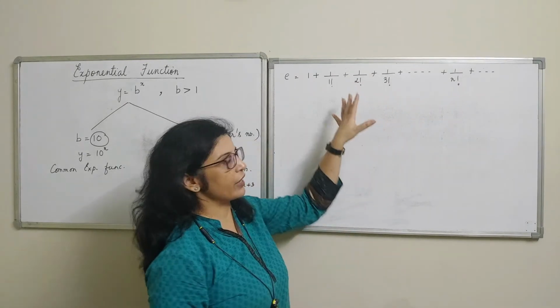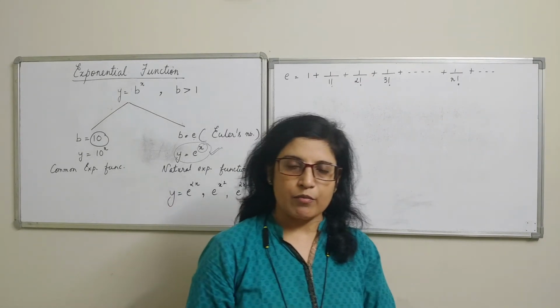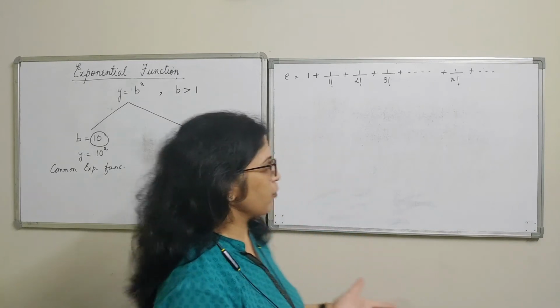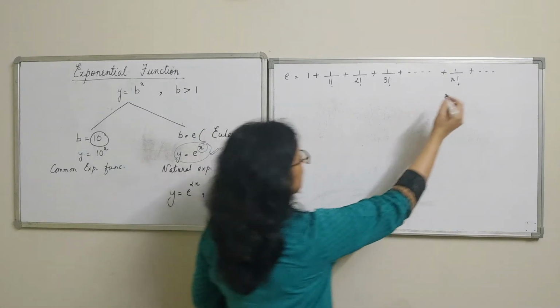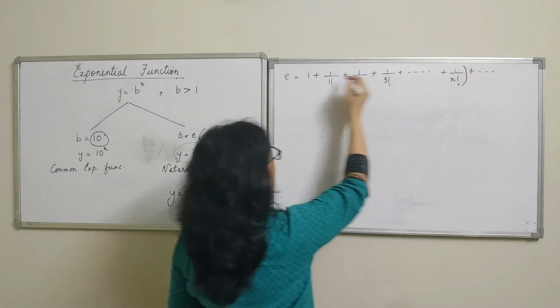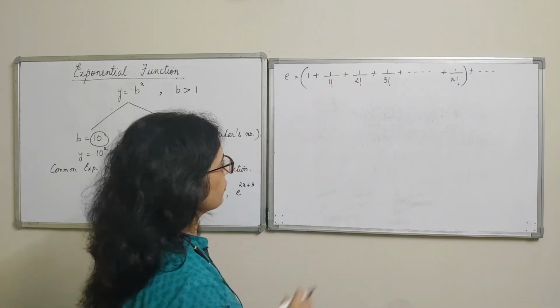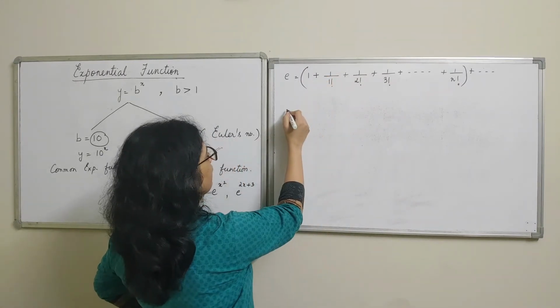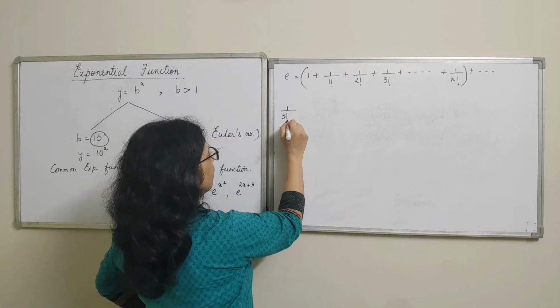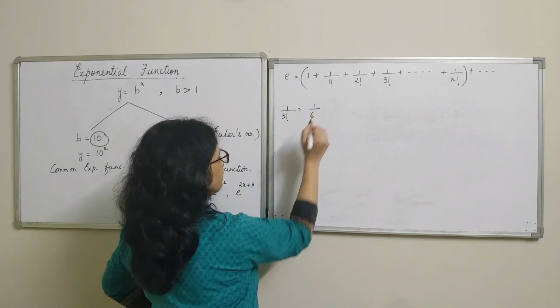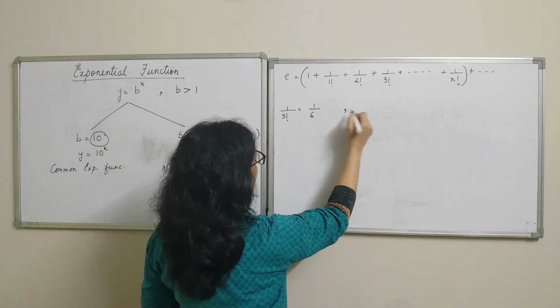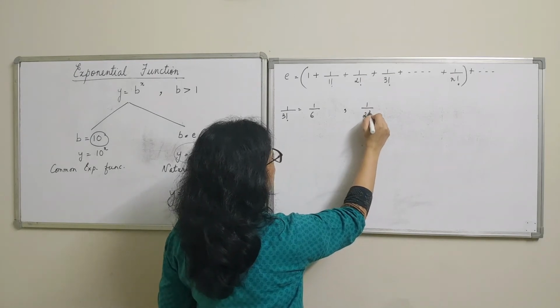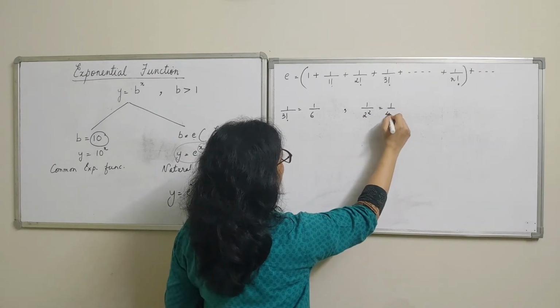So we are trying to find out what is the sum of this series, say up to n terms. Alright, up till this term. So how many terms are these? Basically n plus 1. So here let us see one thing. 1 upon 3 factorial is basically 1 upon 6. And 1 upon 2 square is 1 upon 4.